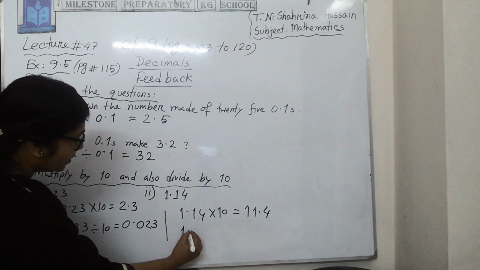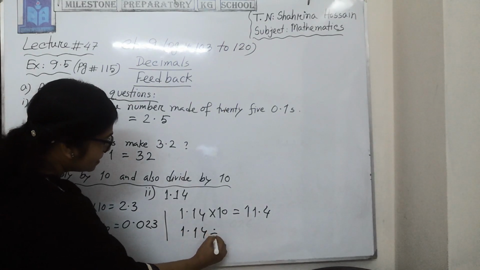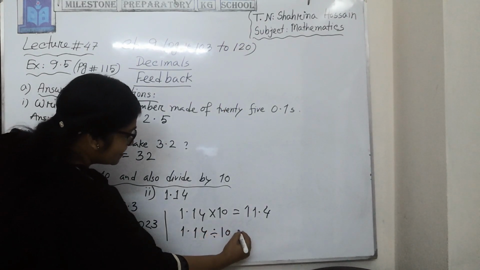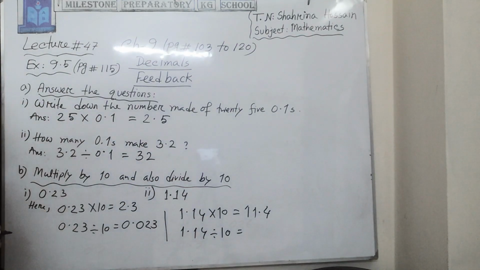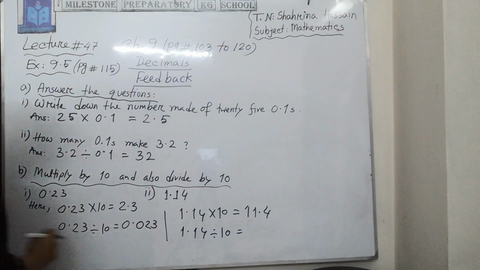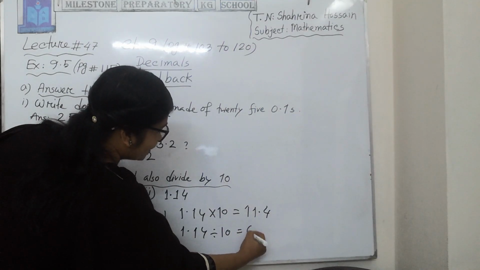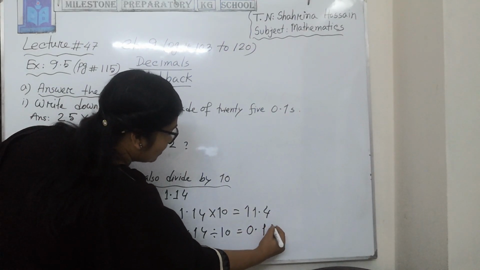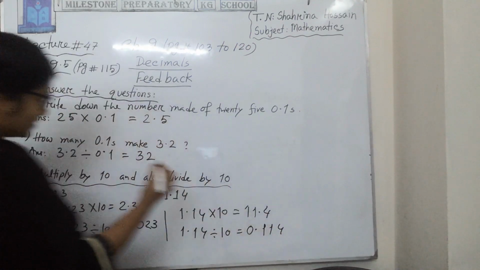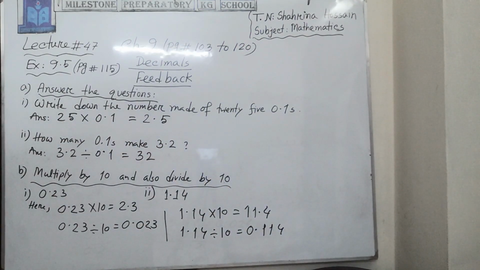Now 1.14 divided by 10. That means the point's position will go one step left. That means 0.114. And this is the answer. By this way we can find the solution of feedback.